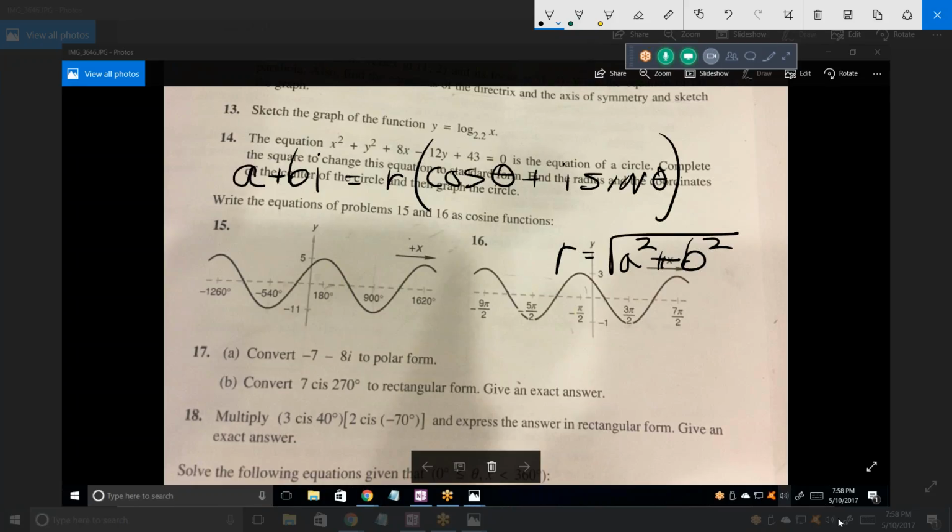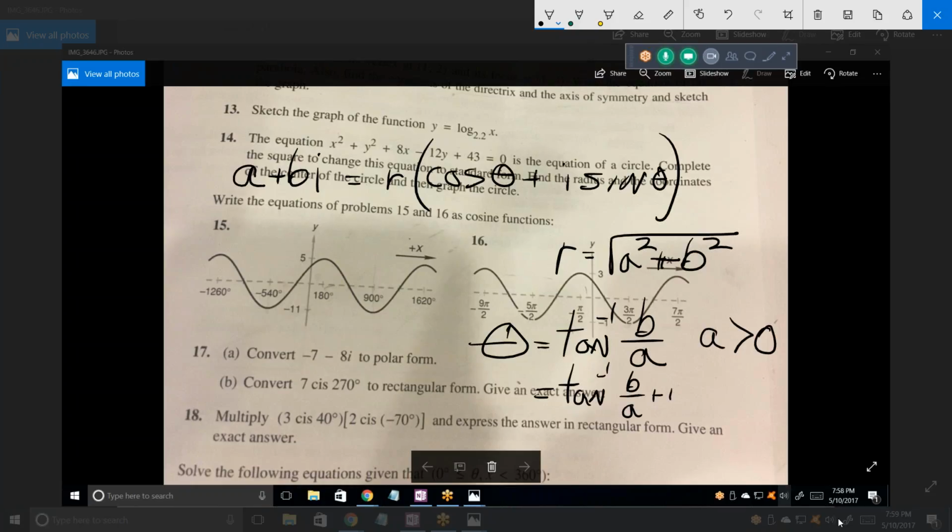And theta, this is the tough part, theta is the inverse tan of b divided by a if a is positive, and it's equal to the inverse tan of b divided by a plus pi if a is negative.